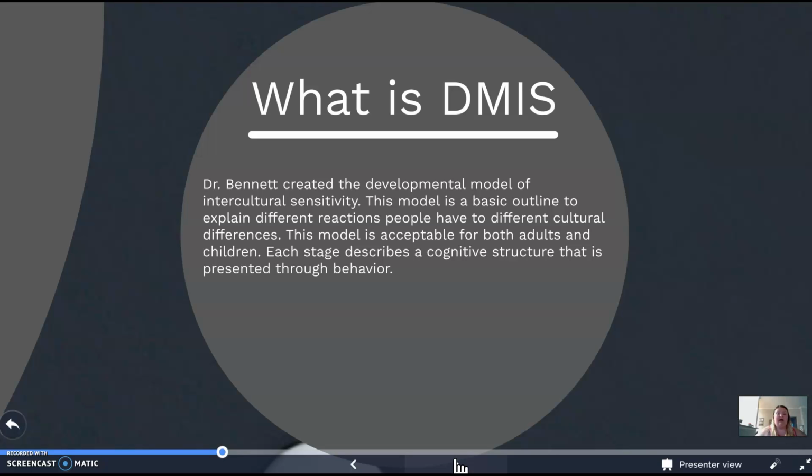What is DMIS? Dr. Bennett created the developmental model of intercultural sensitivity. This model is a basic outline to explain different reactions people have to cultural differences. This model is acceptable for both adults and children. Each stage describes a cognitive structure that is presented through behavior.